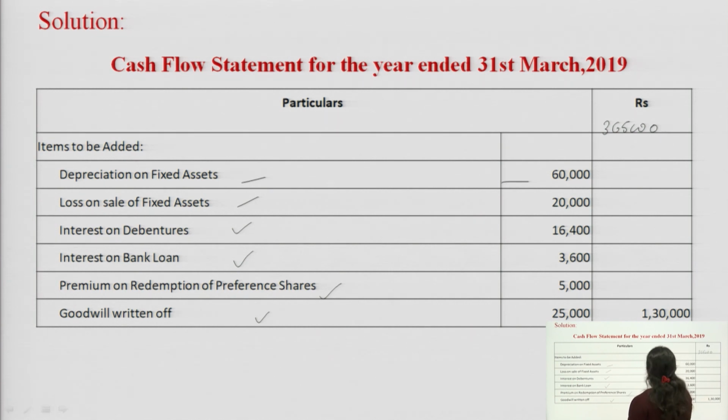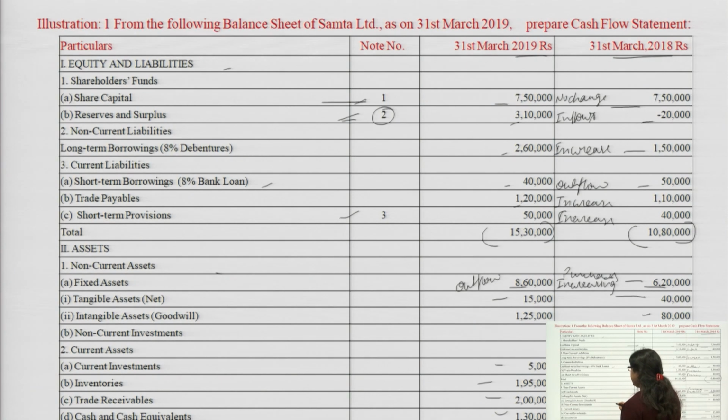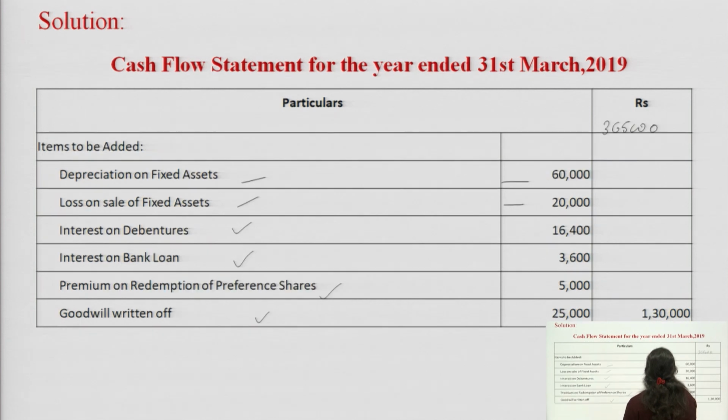Loss on sale of fixed assets was rupees 20,000. We will check the fixed assets. Fixed assets are given here. See, there are some adjustments given. Tangible depreciation is provided for this, and there was a loss. We calculated it later. It was 20,000. Interest on debentures was at the rate of 8%.